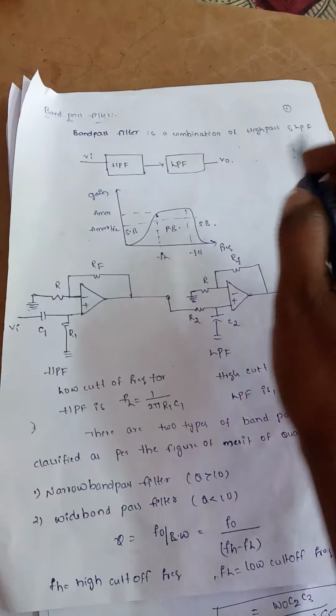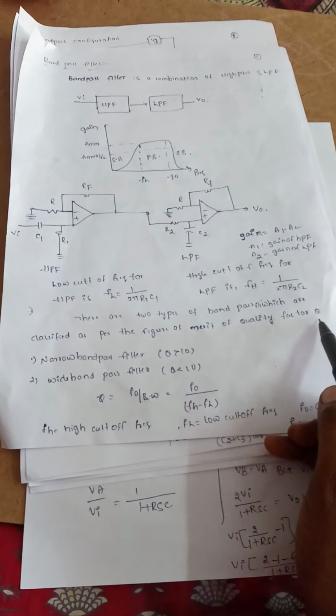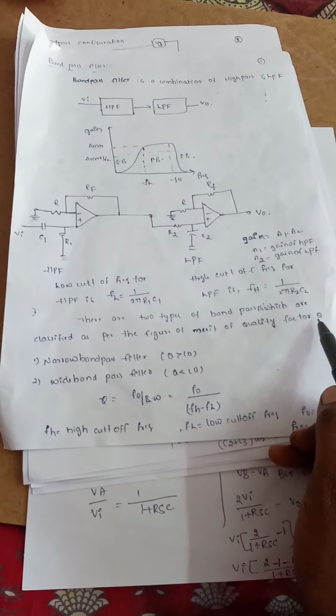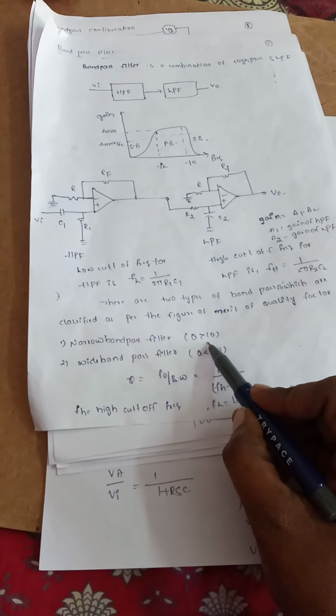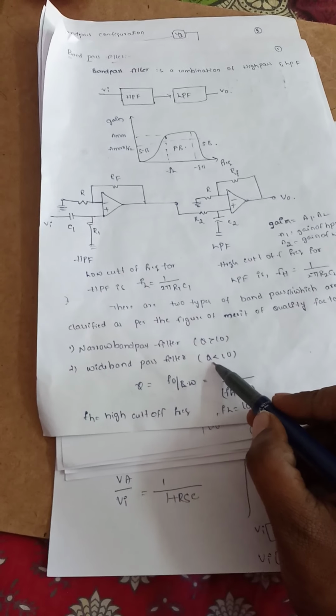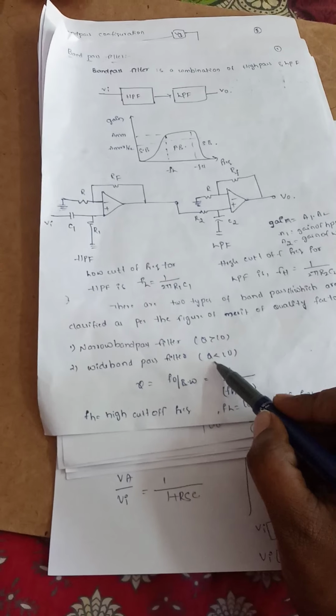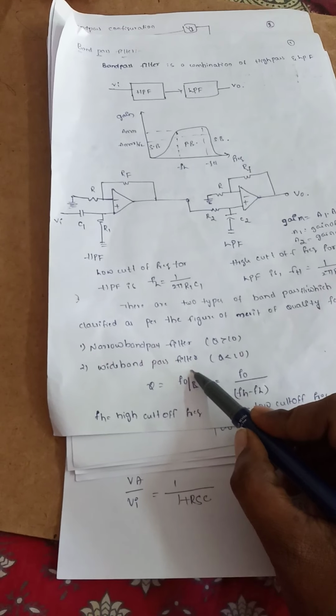There are two types of band pass filters, classified as per the figure of merit, that is the quality factor Q. We already know the quality factor. Whenever the quality factor is greater than 10, it is known as a narrow band filter. Whenever the quality factor is less than 10, it is known as a wide band pass filter.